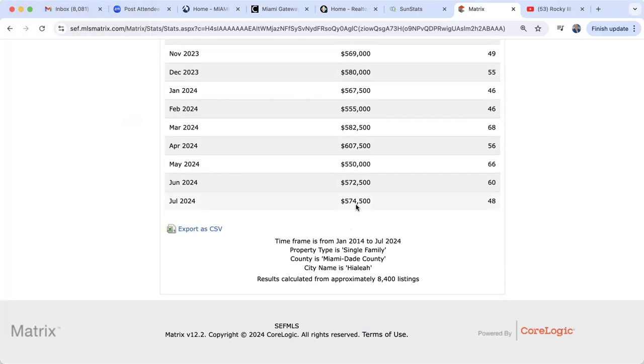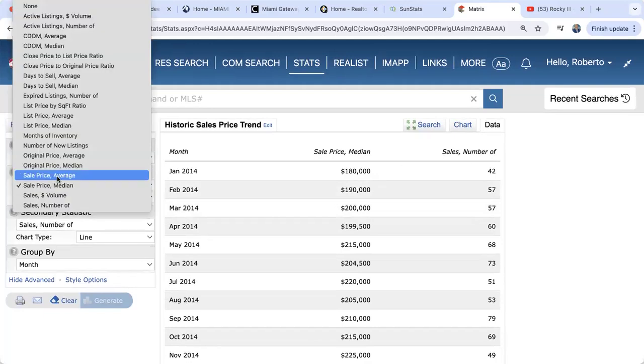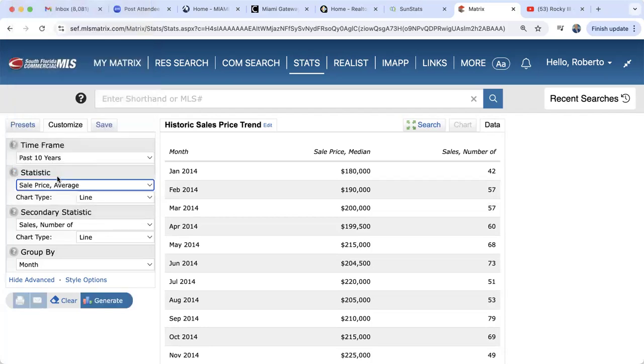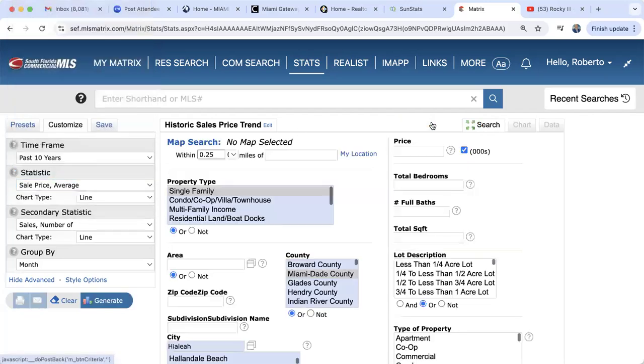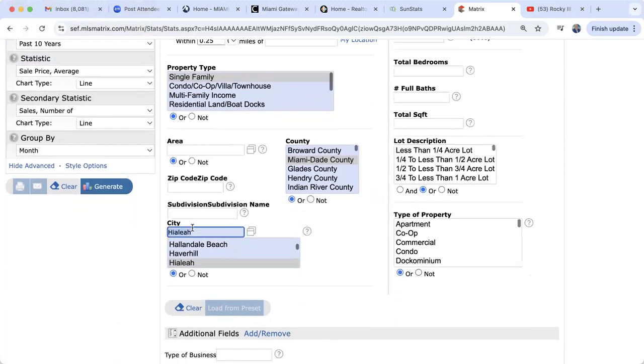All right. But I want to show you guys because it's a telling number. If you come over here and you do sales price average, and I come here and I click on city of Miami Beach, right? City of Miami Beach, click on generate.